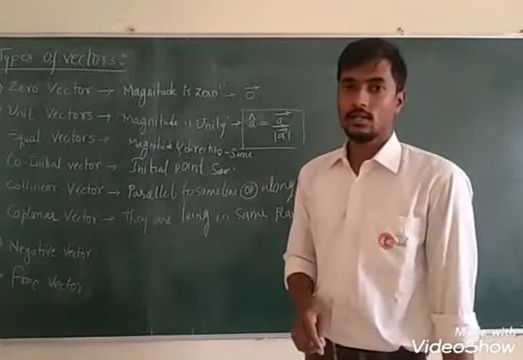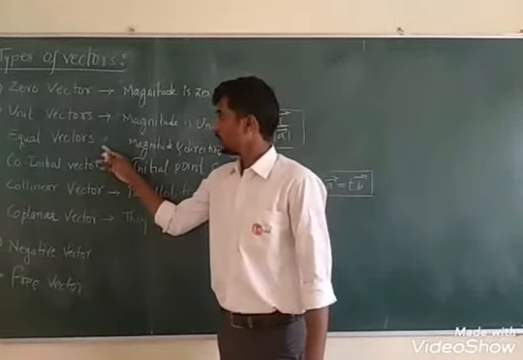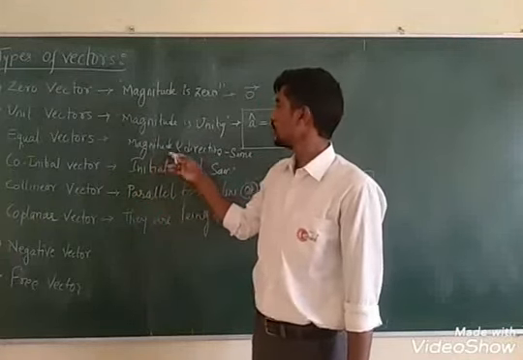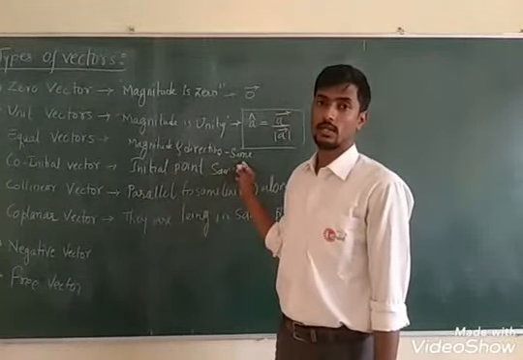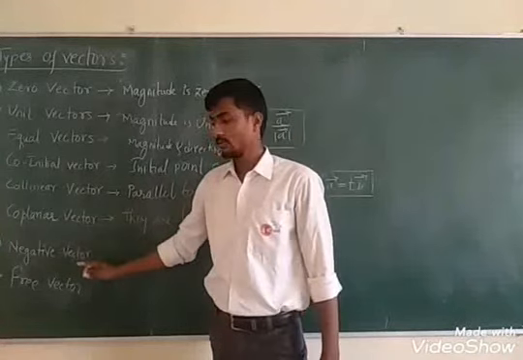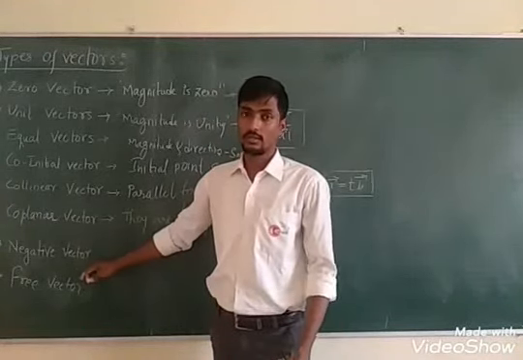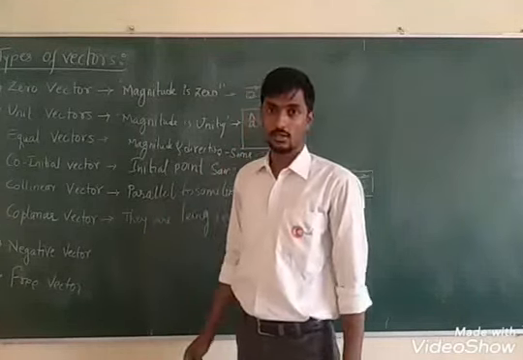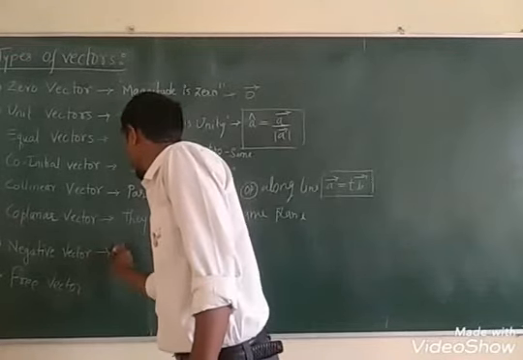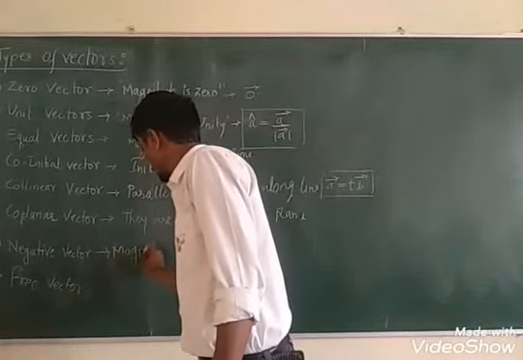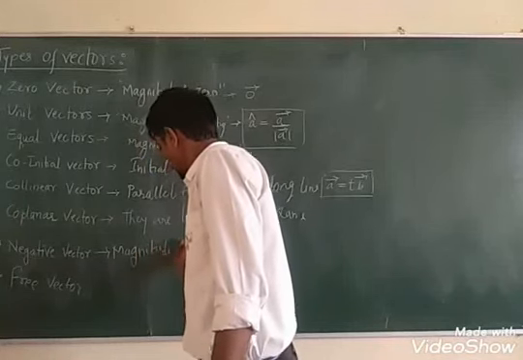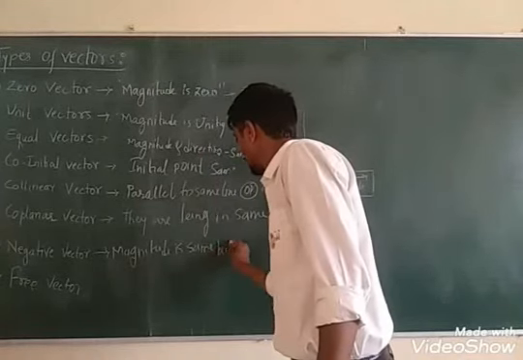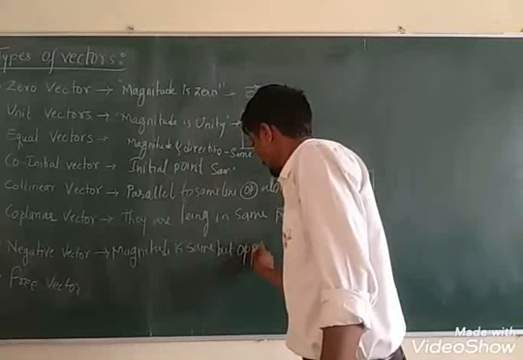अब नेगेटिव वेक्टर्स. अब नेगेटिव वेक्टर्स यहाँ पे जो है, हमने एक वेक्टर पढ़ा है वो इक्वल वेक्टर्स. सो इक्वल वेक्टर का मतलब होता है मैग्नीट्यूड एंड डायरेक्शन क्या होना चाहिए? Same होना चाहिए. And here we have the negative vectors. Negative vectors are those vectors whose magnitude is the same but they are traveling in opposite directions. The magnitude is same but opposite in direction.